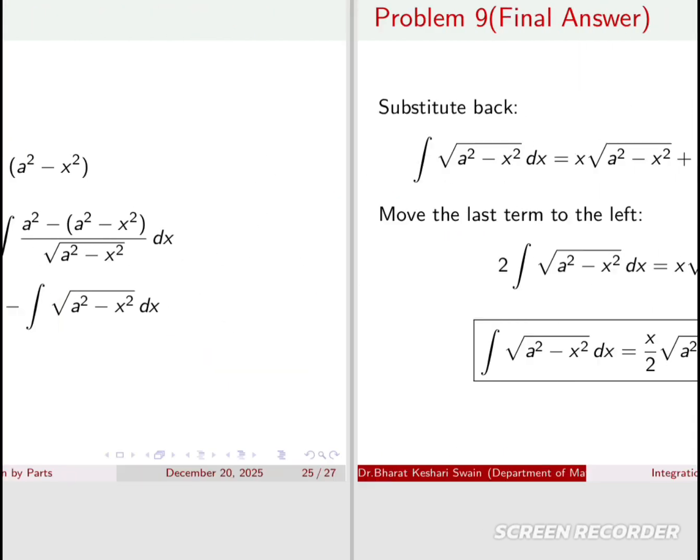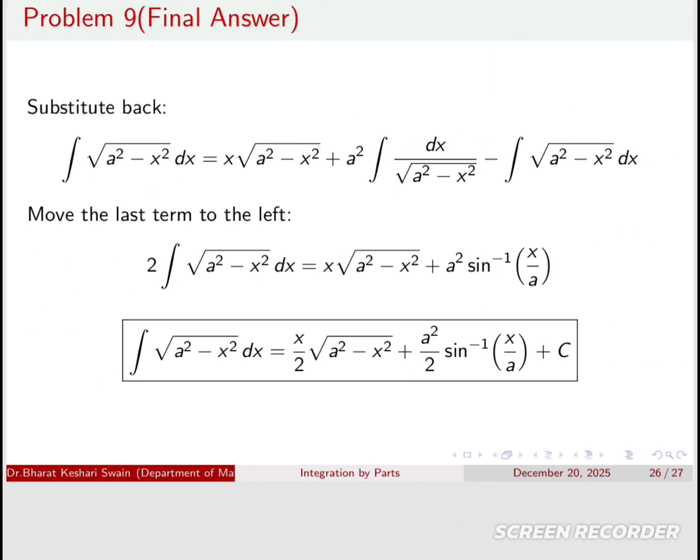We know how to integrate this, because you already have. Come to the next slide. If I substitute back all these values, the result will be like this. Put all these values: integration of root over a square minus x square dx appears here and also on the other side.